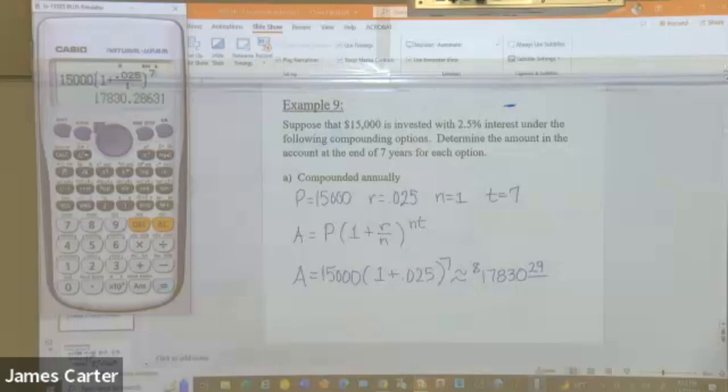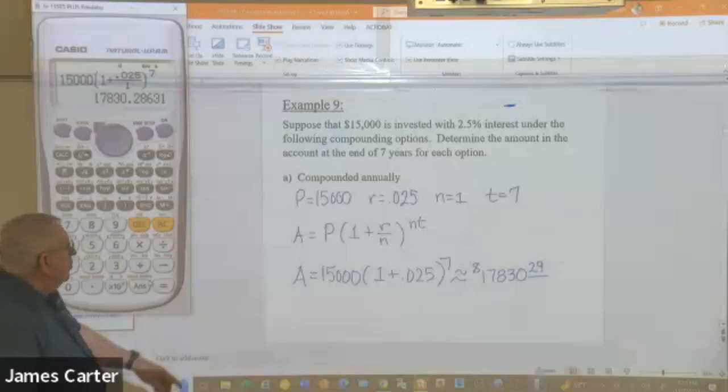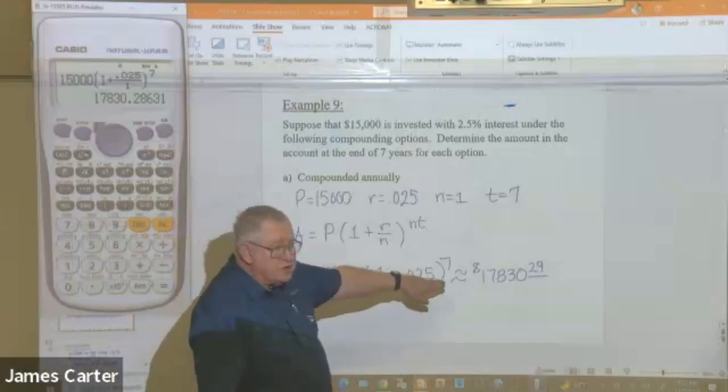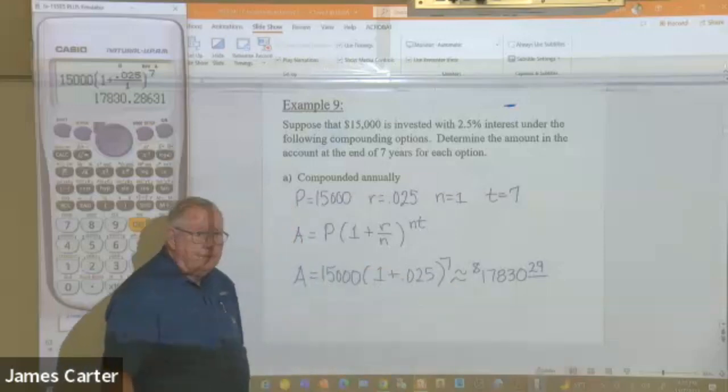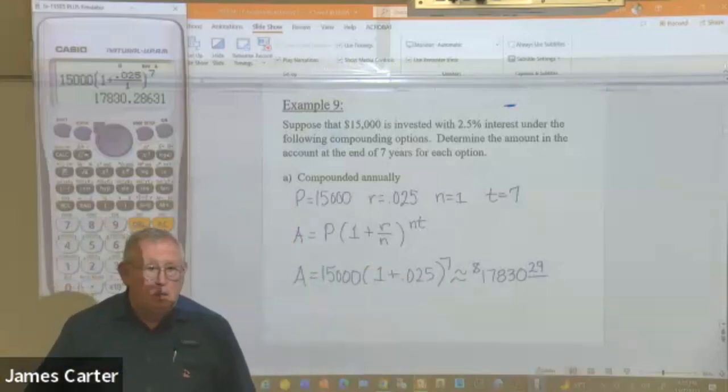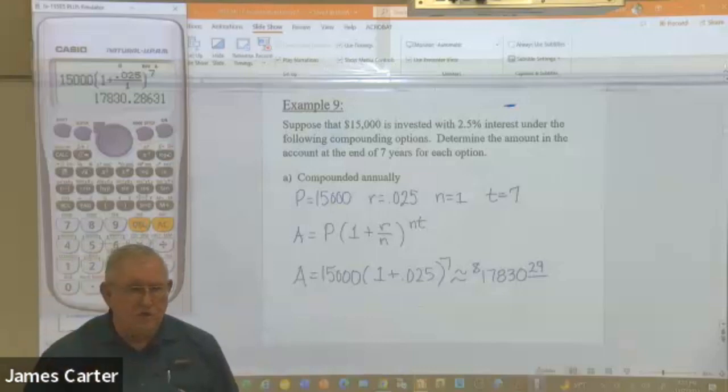Equals. Is that a different equal sign, or is it just the same? I know that's right, I'm just curious. Oh, this is approximately, because this is a rounded value. But you can't do that on a calculator, can you? You've got a single squiggle on a calculator.